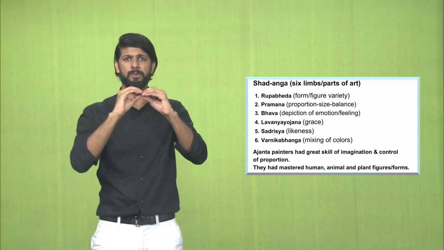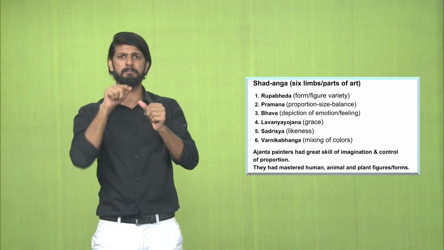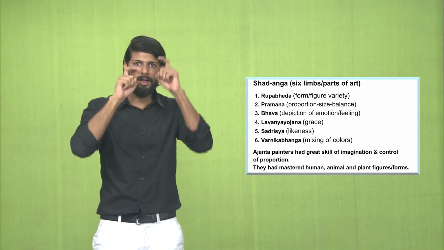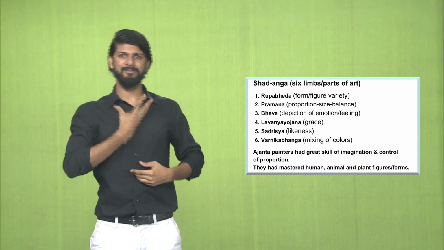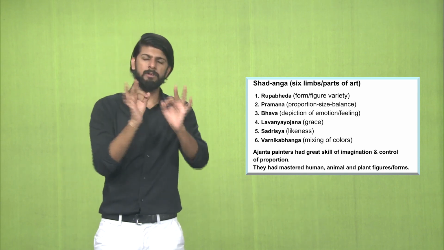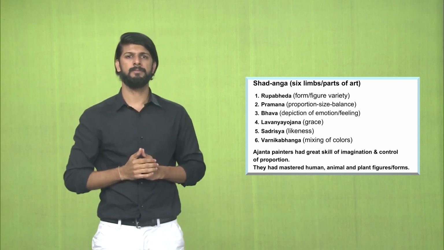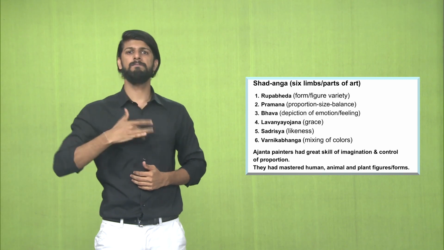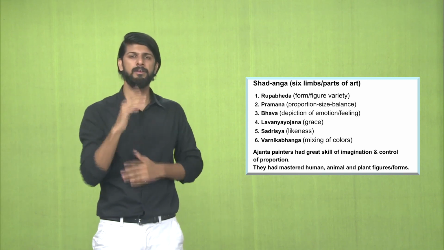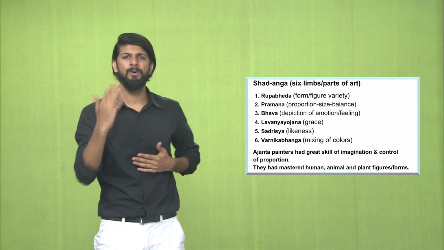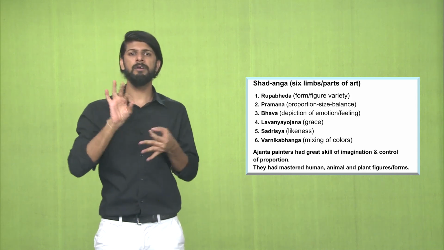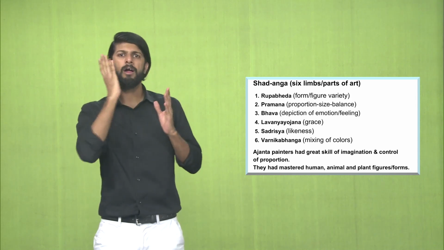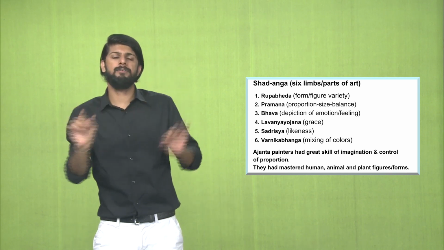The third, Bhava, is a depiction of emotion and feeling in the figure. The fourth, Lavanya Yojana or grace, you would see the respect, the softness, the peace in the figure.